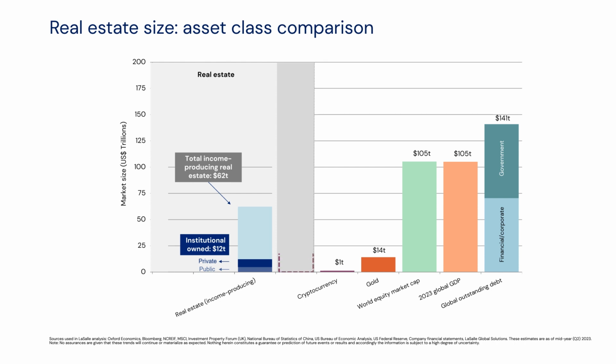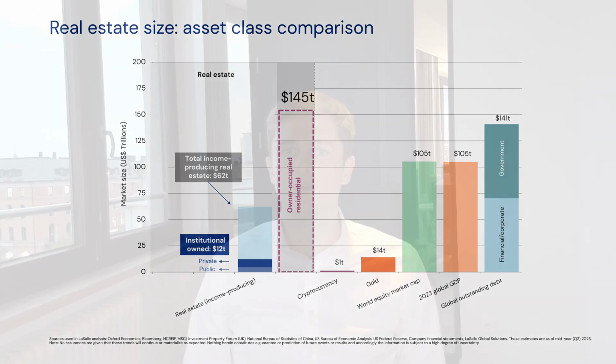If we include owner-occupied residential properties, this grows and it actually outgrows the equity and bond markets. Thus, real estate should really be a part of any multi-asset portfolio. In the next step, we can then break down where this capital is allocated, both geographically and by sector, to figure out what a neutral real estate portfolio looks like.